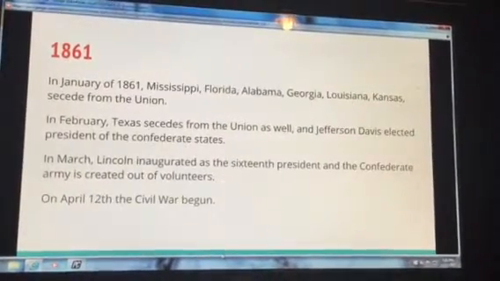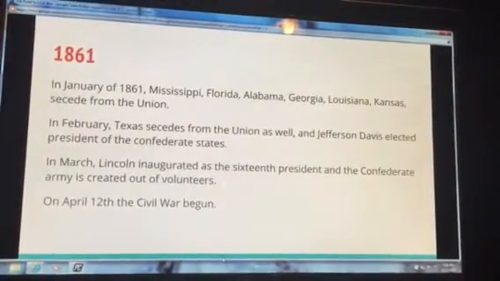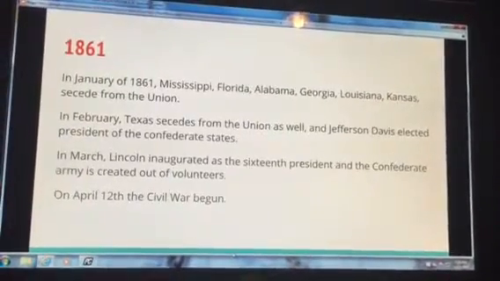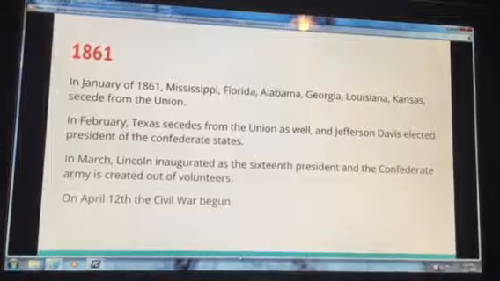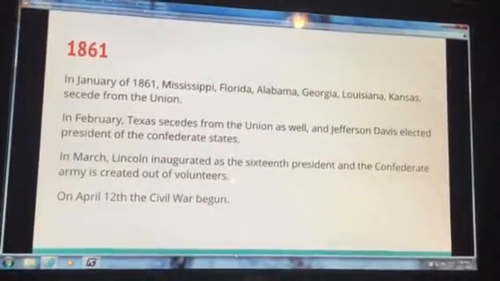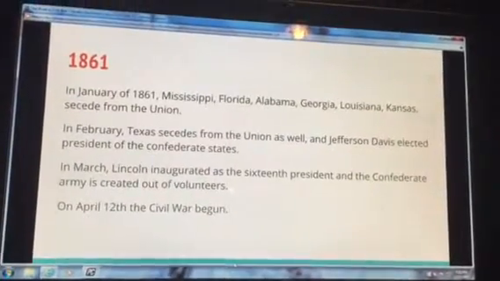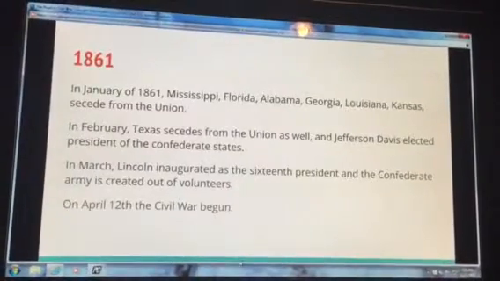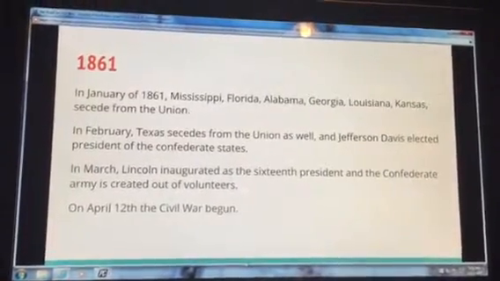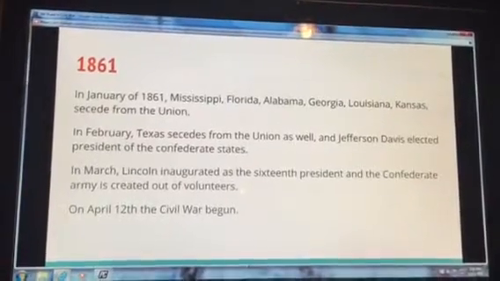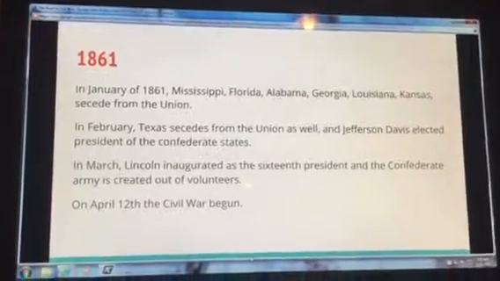In February, Texas seceded from the Union as well, and Jefferson Davis was elected president of the Confederate States. In March, Lincoln was inaugurated as the 16th president, and the Confederate Army was created out of volunteers. On April 12th, the Civil War began.